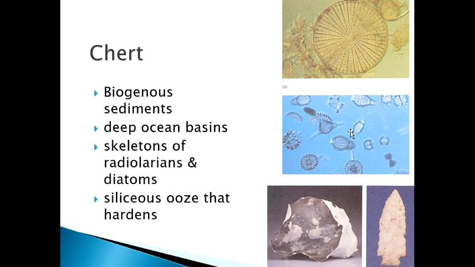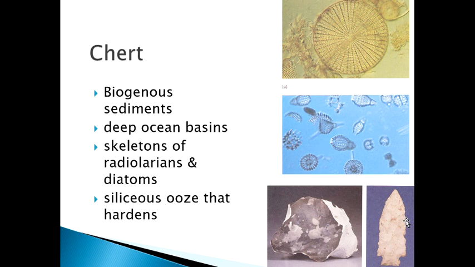But these planktic creatures are so abundant out in the ocean that their bodies rain down by the billions to the billionth power, and they make these oozes at the bottom of the seafloor. Well, if their skeletons are made of silica, like these things we call radiolarians and diatoms, it makes a siliceous ooze that hardens to become the rock type chert that a lot of Native Americans have used in the past to make their tools.